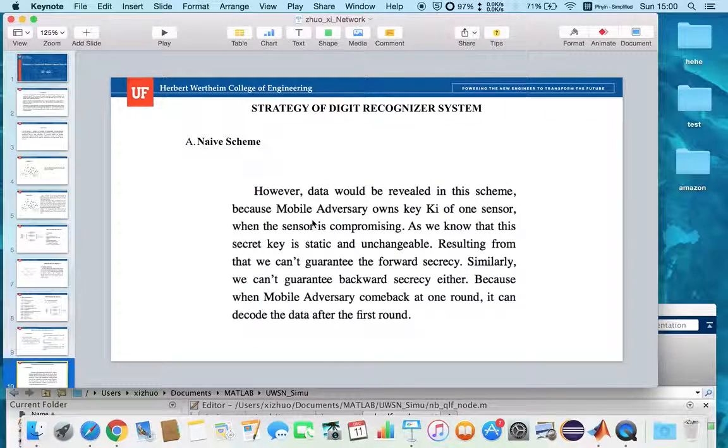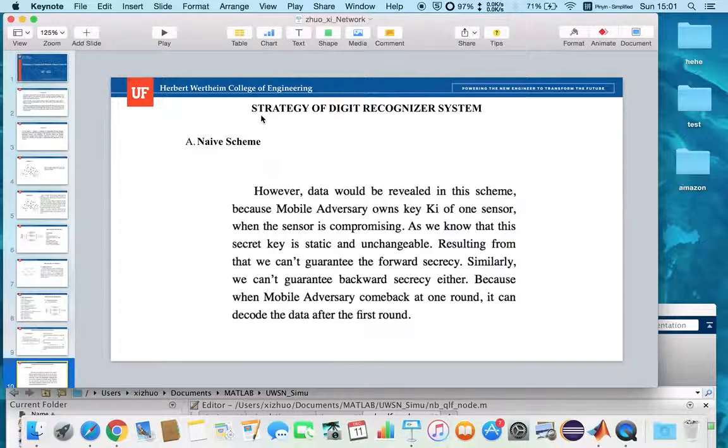However, in this scheme, data would be revealed because a mobile adversary owns the key ki of one sensor. When one sensor is compromised, as we know that the secret key is static and unchangeable, we cannot guarantee the FSE. Similarly, we cannot guarantee the backward security either.